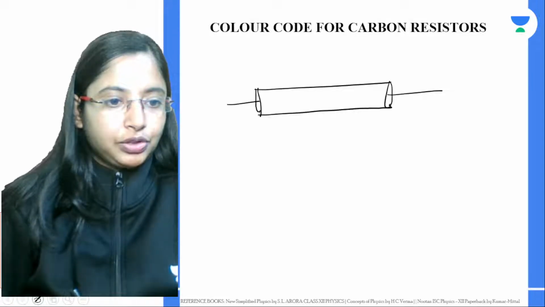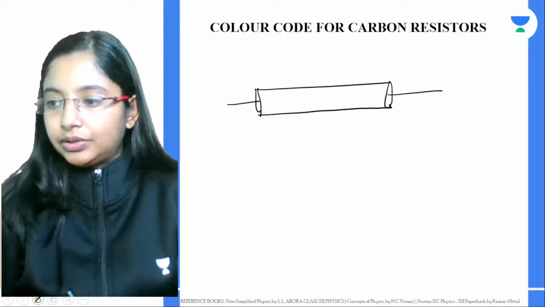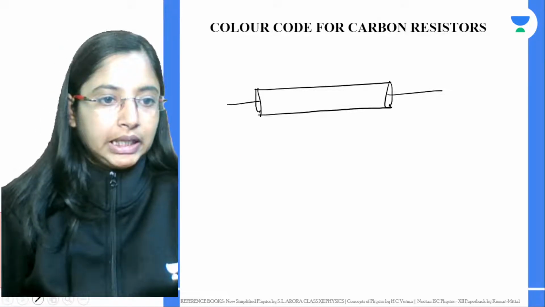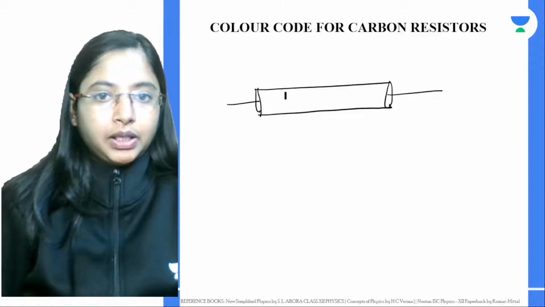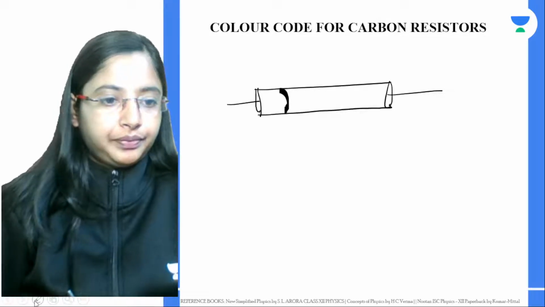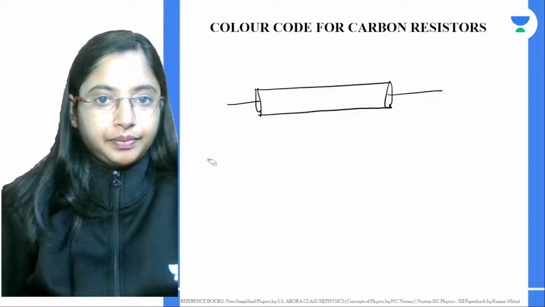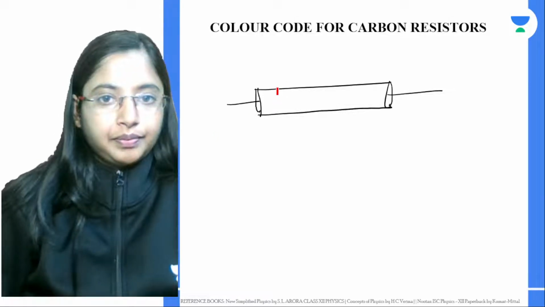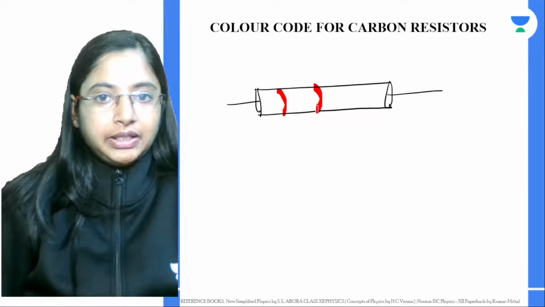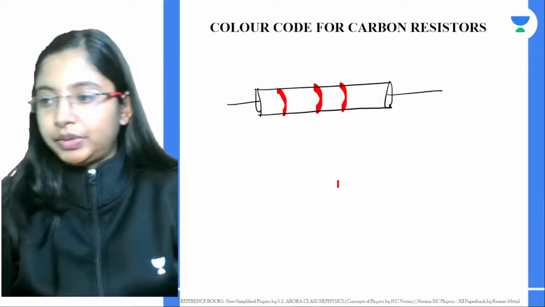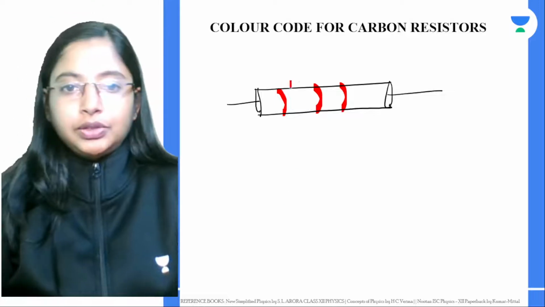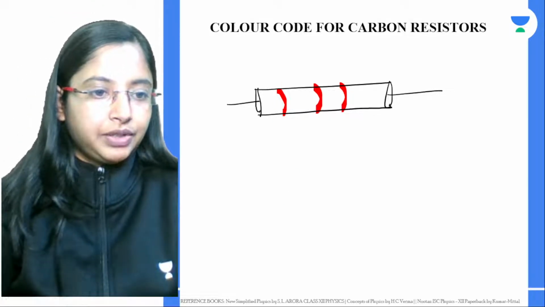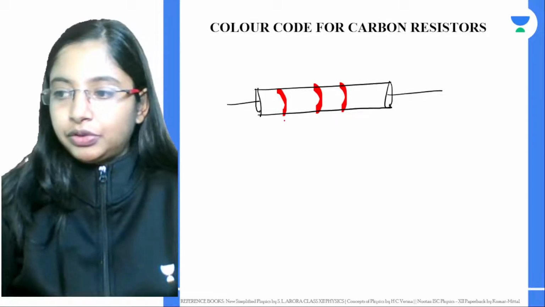So the resistor will usually have 4 bands on it, right? You might see 1, 2, 3, and the 4th one could be a silver or a gold color. Okay, these may not be the same color, they might be different colors as well, right? These correspond to different things.